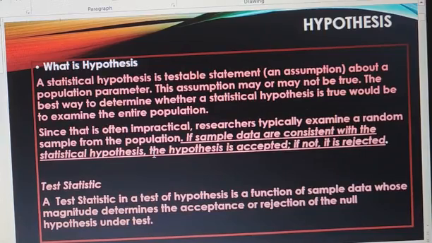2. Alternate hypothesis. An alternate hypothesis is complementary to the null hypothesis. It reflects the direction of further choice of a new null hypothesis should the current null hypothesis be rejected.